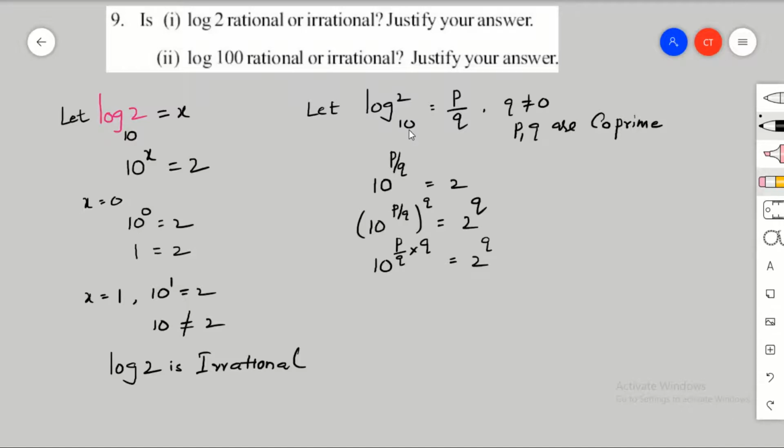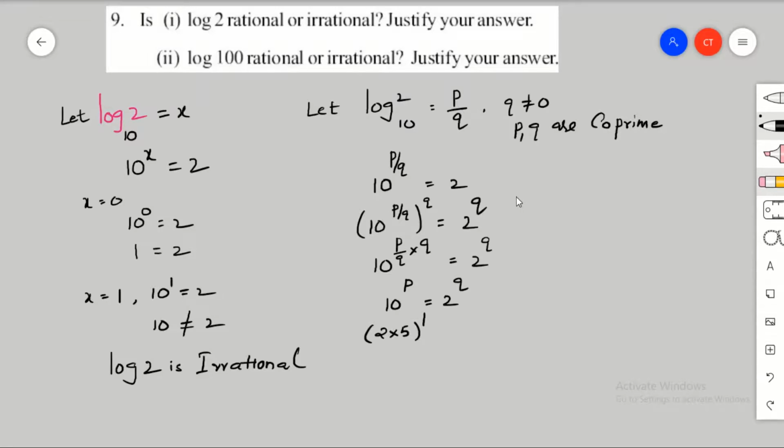Then this q and q get cancelled and we will get 10 power p is equal to 2 power q. Even I can write this 10 as 2 into 5. Both are prime numbers.